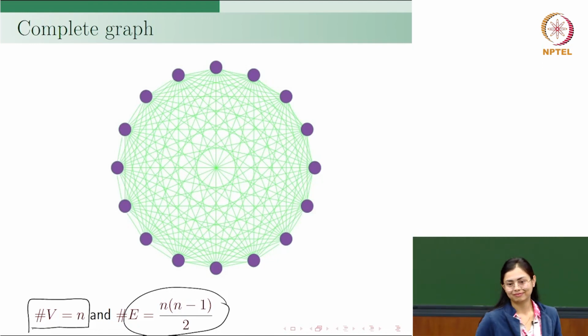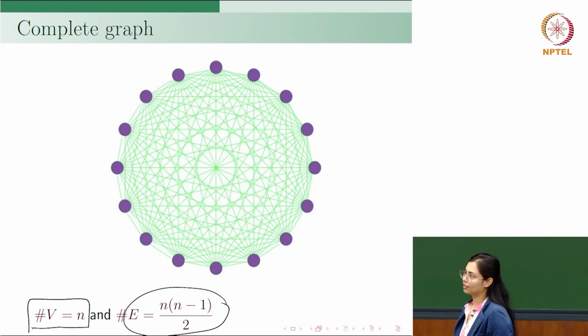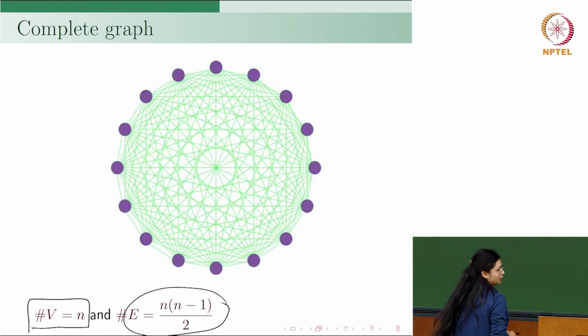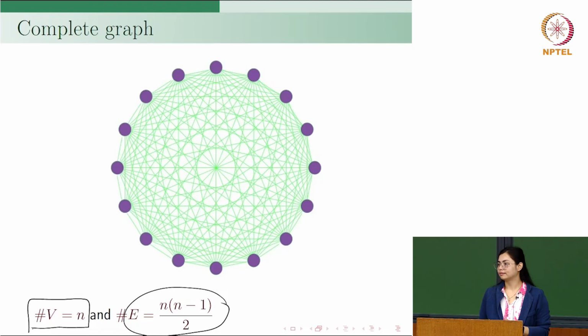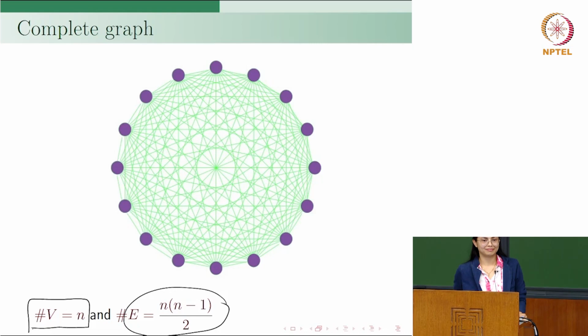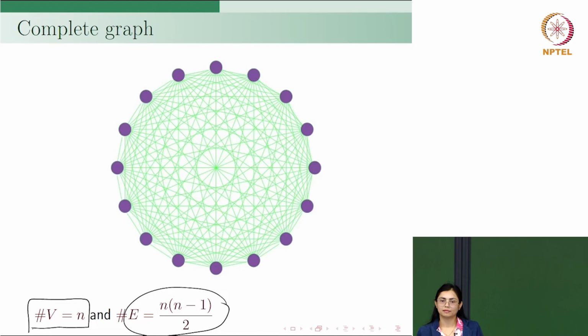It's like a very tightly knit friend group where everybody is a friend of all the other people. Yeah, we can think about that, or anything else. Family, you can say everybody is connected to everyone.